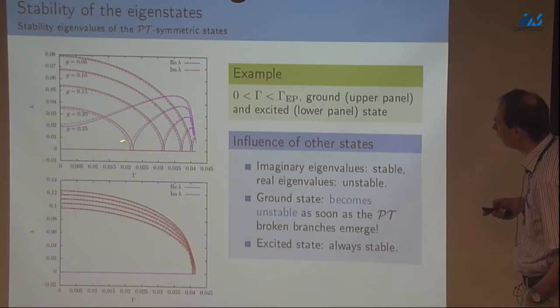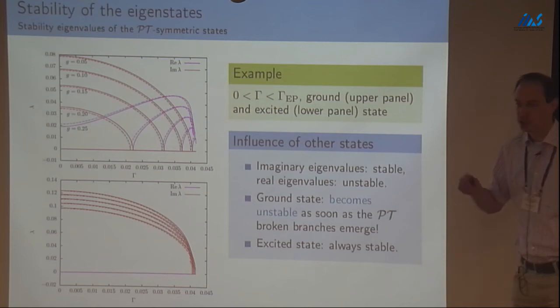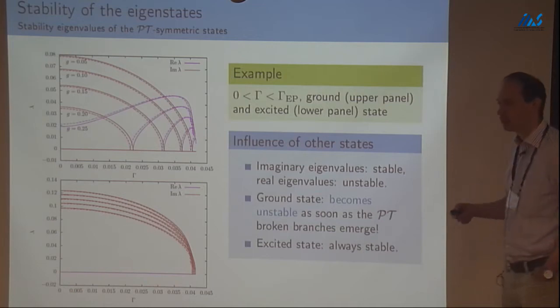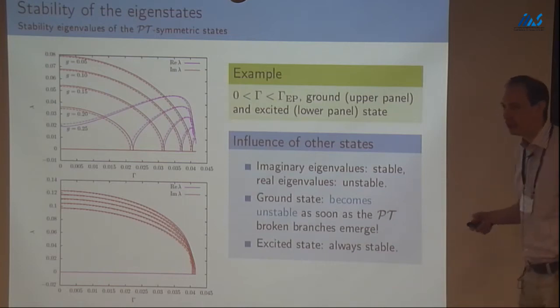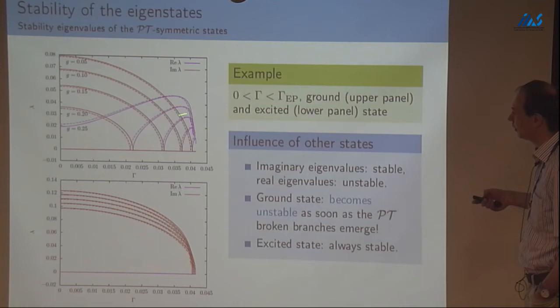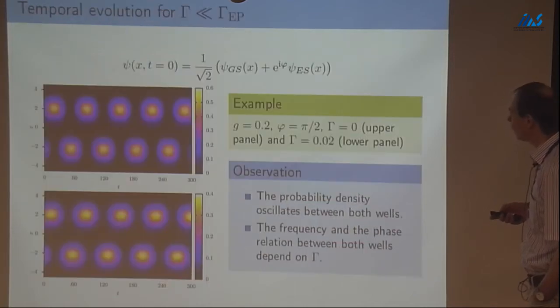And if we compare these points, this approximately appears where we have this bifurcation of these complex eigenvalue solutions, these PT broken states, which obviously induce some instability to the whole system, also to these stationary states. And I think this can also be understood well. There will be some fluctuations which go into these states and will end up with these growing modes and destroy the whole condensate. So that can be found here.